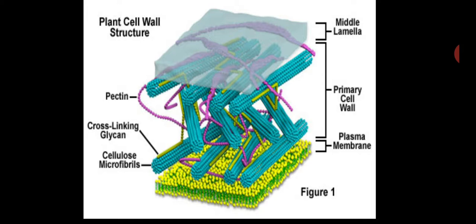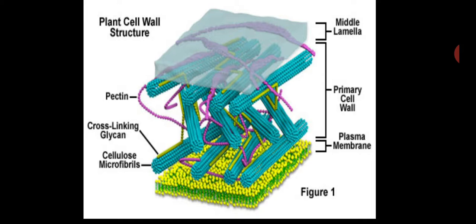Phragmoplast is a matrix of pectin, and cytoplasmic filaments also come, and together the matrix and filaments form the cell plate. This happens between the newly formed daughter nuclei in telophase of meiosis or mitosis, cell division.